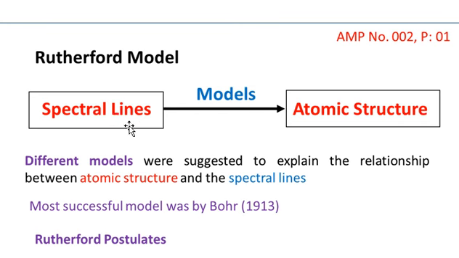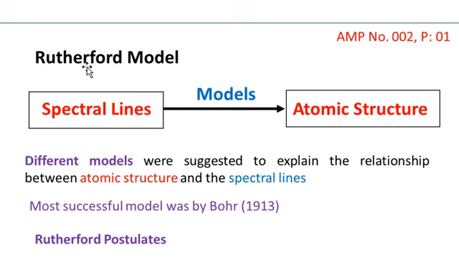So the spectral lines help you to model atomic structures. This is the key point: the atomic structure is evolved through the analysis of the spectral lines obtained from the absorption spectrum of the atomic hydrogen obtained from stellar objects.